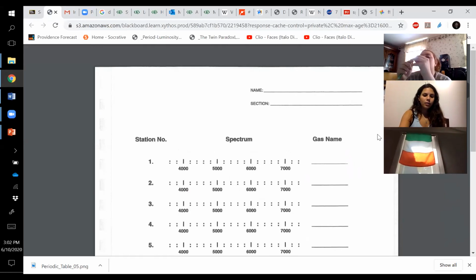Slide the computer over to the lab station. Actually, I need to print it out too.